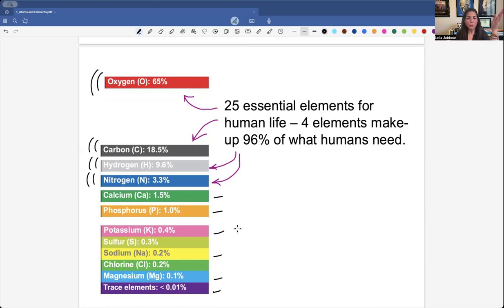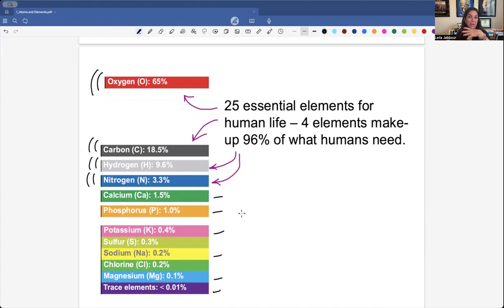So in the future, in a more upper level biology course, when you learn about the way cells talk to each other, for example, two neurons in the brain talking to each other, we call this a synaptic transmission, or when a neuron in your brain talks to a muscle cell, it gives it an order to contract. So this communication between the cells requires calcium, sodium ions and potassium ions. So it's important for life, even though their percentages are not as abundant, they're still important.